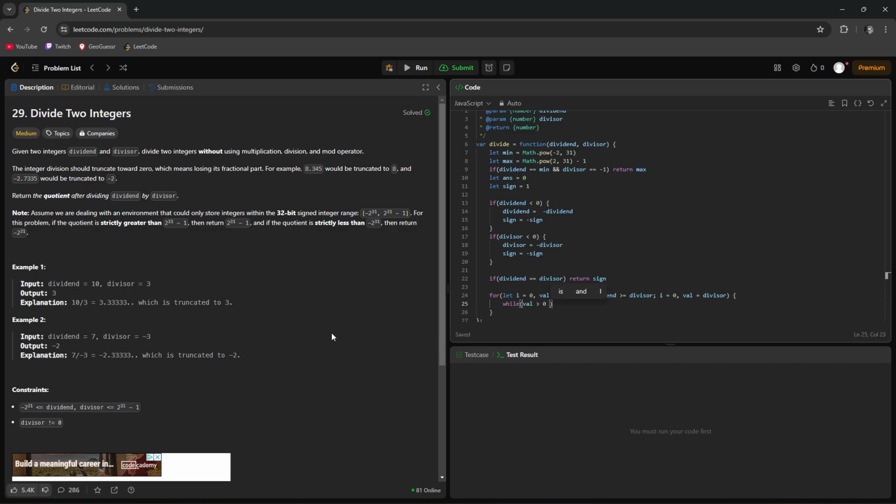So while the value is greater than 0 and the value is less than the dividend, we're going to use val for our divisor. So while val is less than the dividend, we can increase val.